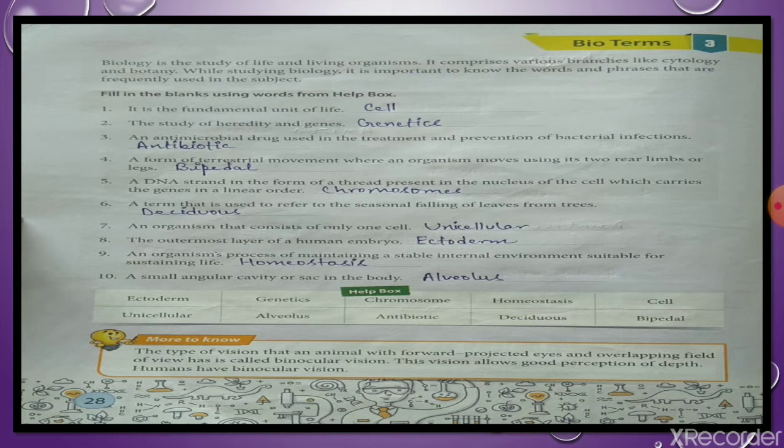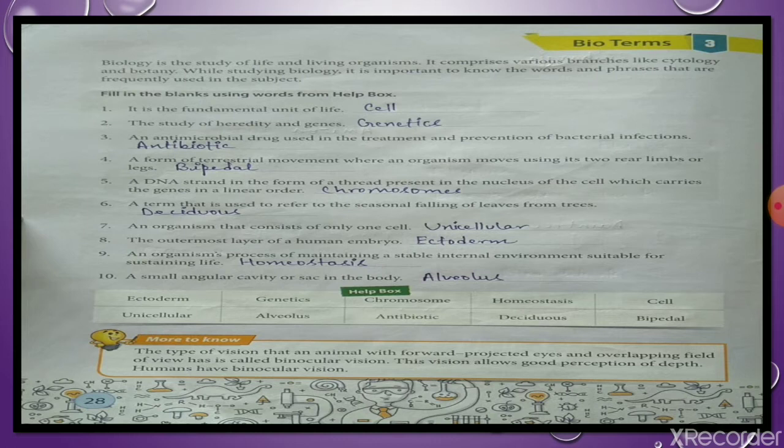Next one, the study of heredity and genes. The study of heredity and genes is called genetics. The third one, an antimicrobial drug used in the treatment and prevention of bacterial infection. So the drug which is used in the treatment and prevention of bacterial infection is an antibiotic.